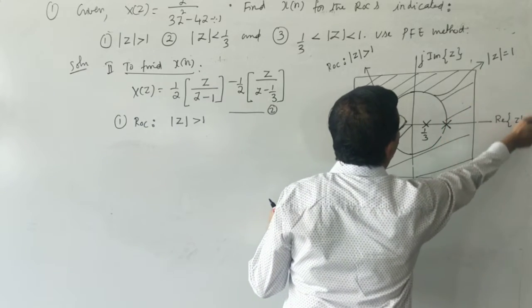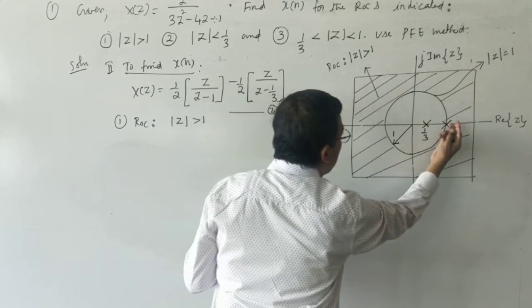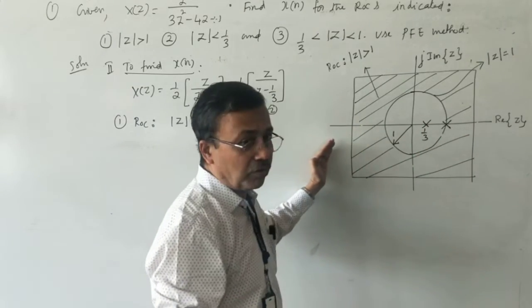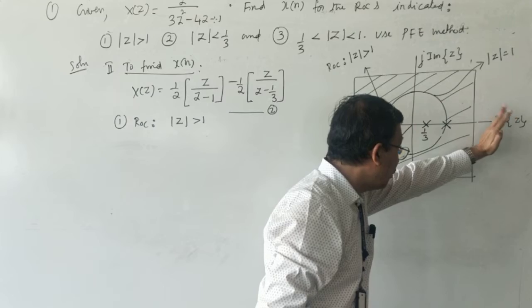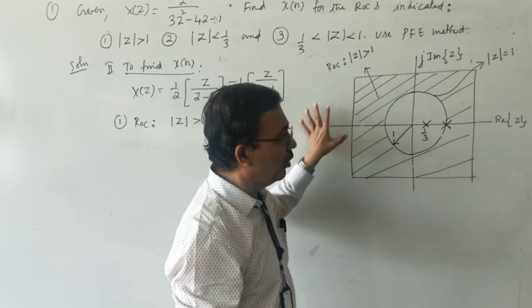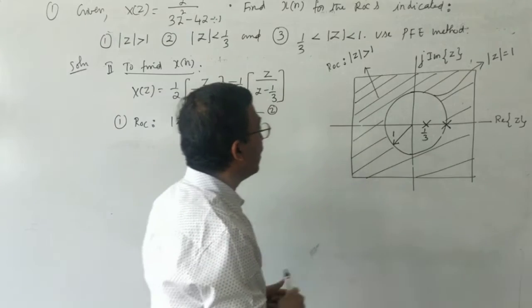Now, both the poles, what is the ROC? Mod Z greater than 1. Both the poles are interior to the ROC. See, poles will be either interior to the ROC or they will be exterior to the ROC. No poles can lie within the hatched region. That is the property which I have already given earlier.